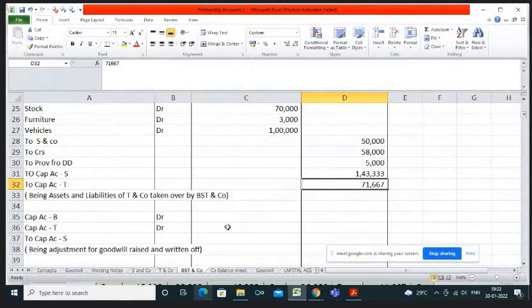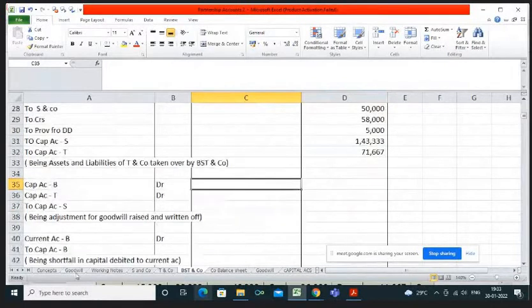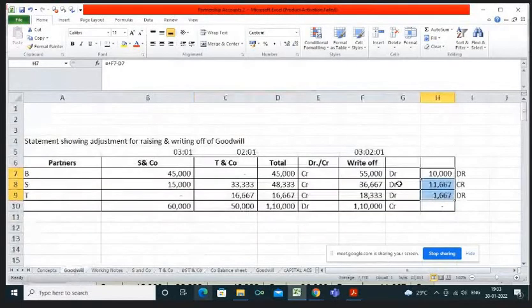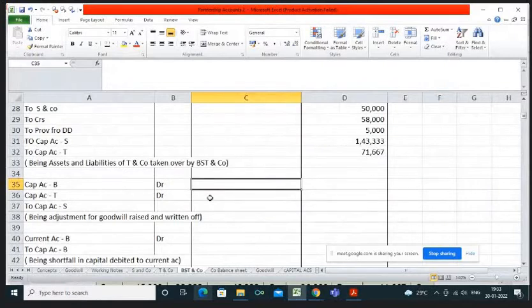What are those adjustments? Goodwill adjustment. Goodwill adjustment we have already worked out. What is the entry? B account debit 10,000, T account debit 1,667 and S account credit 11,667. So I am debiting B's capital account by an amount of 10,000.